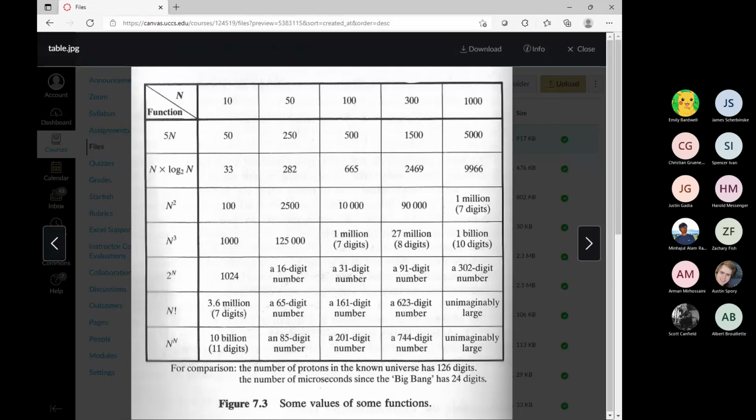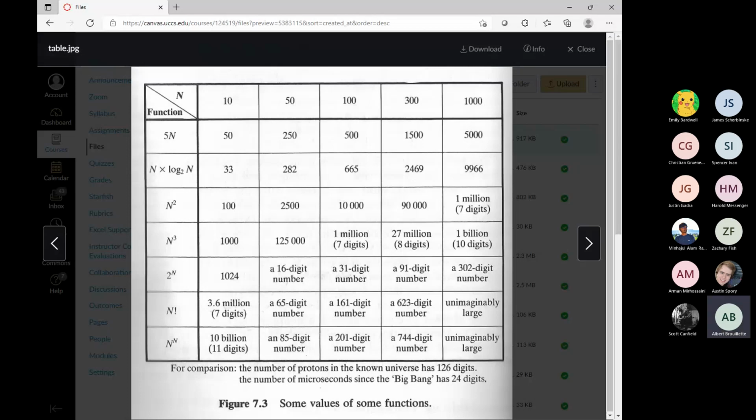There are all kinds of estimates trying to make sense out of unimaginably large numbers, but the estimated number of atoms in the universe is, I think, smaller than a 100-digit number or something like that.